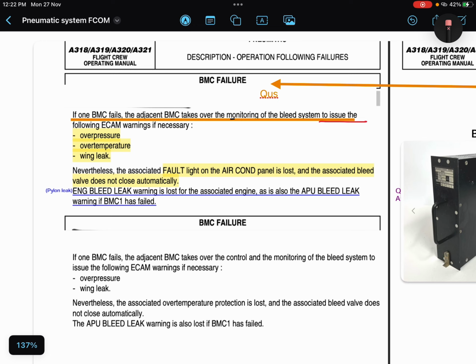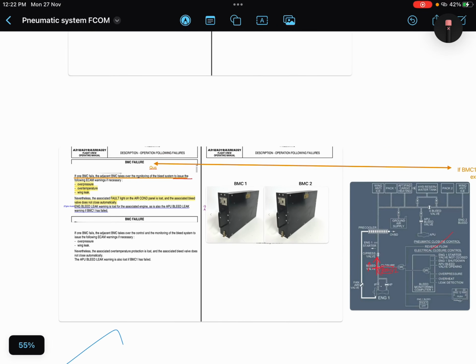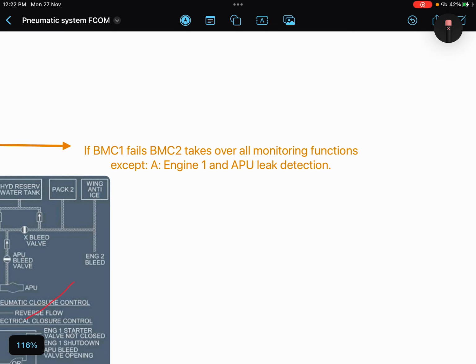Now come 2 or 3 statements which will help you to answer some of your questions. So guys, if BMC1 fails, BMC2 takes over all the monitoring functions except engine 1 and APU leak detection.